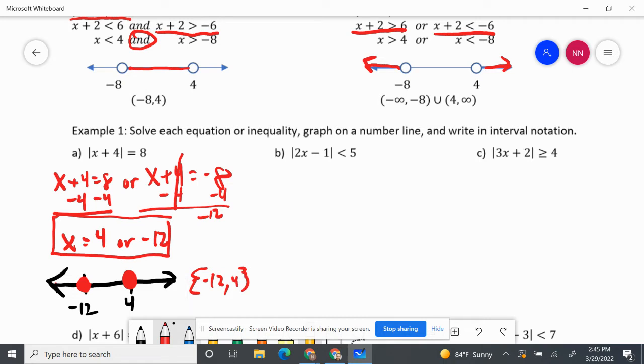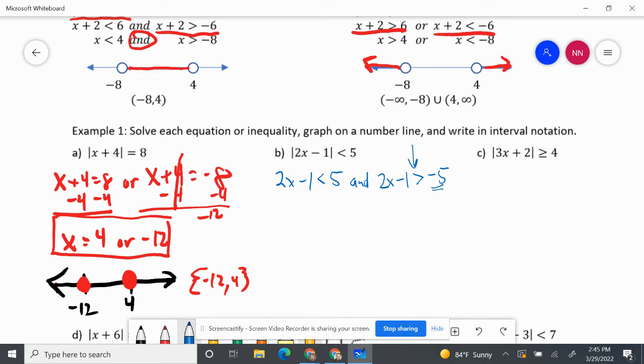Now, for our next one, we're going to do the same thing. We have the absolute value of 2x minus 1 is less than 5. This is a less the and statement. So I put an and. 2x minus 1 is greater than -5. Remember, when we change the number, we have to flip the inequality. We're changing its value.